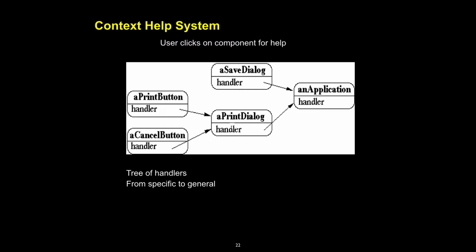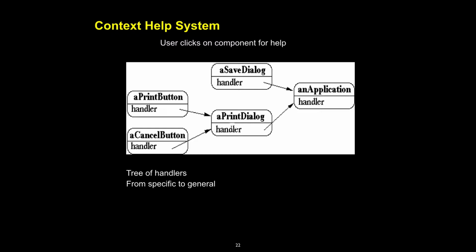So you build up a chain: the cancel button has a handler, and if it can't answer your question, it goes up to the dialogue, and then up to the application. And so we get this chain of responsibility.